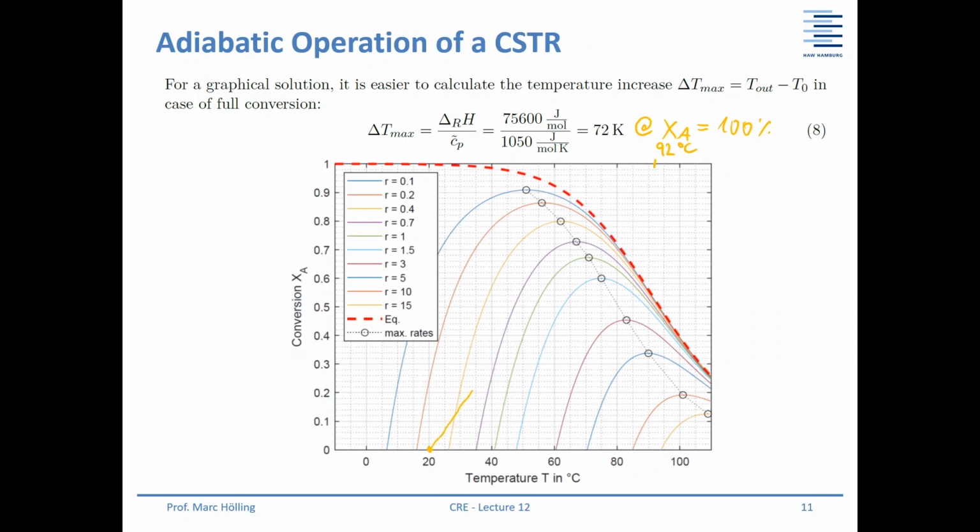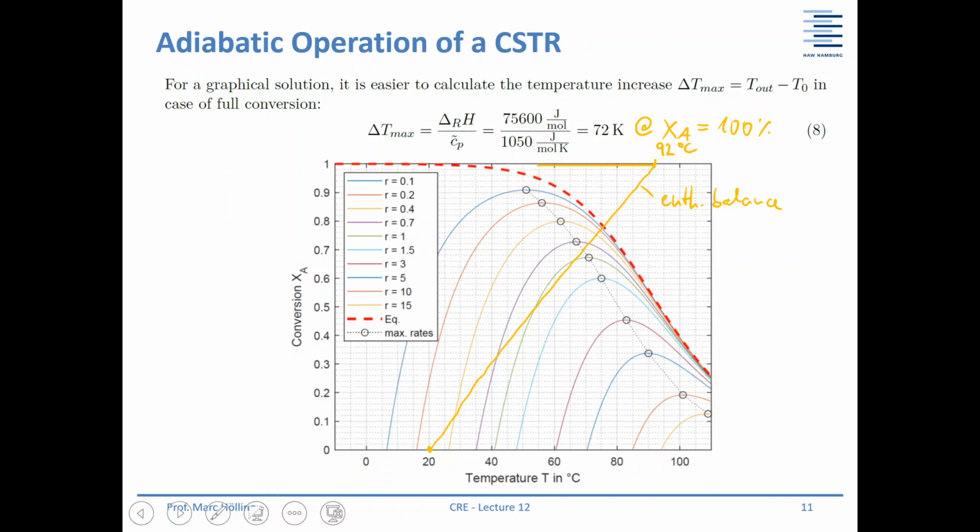And then your enthalpy balance would look like this. So this would be again the line for the enthalpy balance. But if you want to go to 80% conversion with the inlet temperature of 20 degrees, you will never reach it, because 80% is on the right side of your equilibrium curve, so it's not possible to get there.